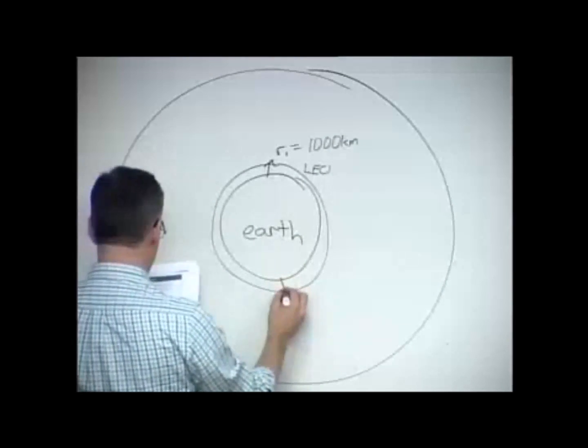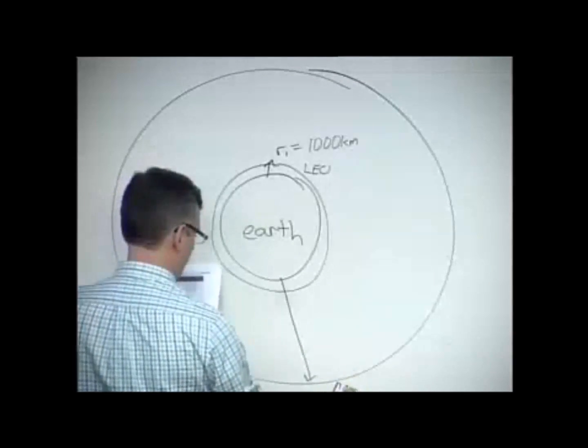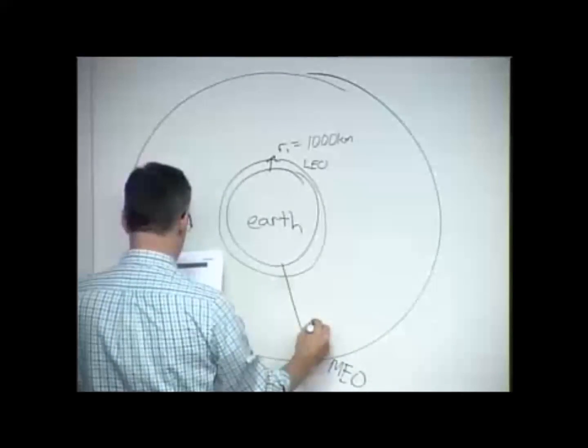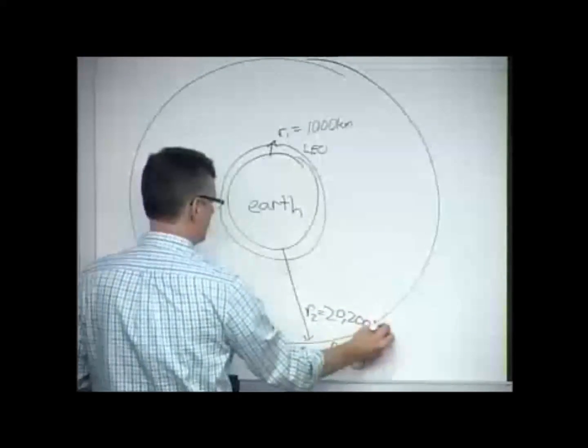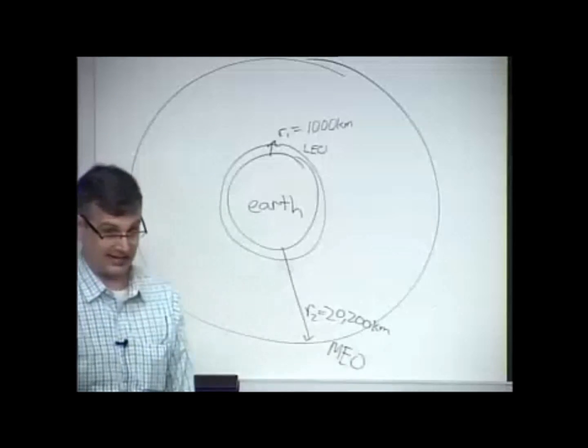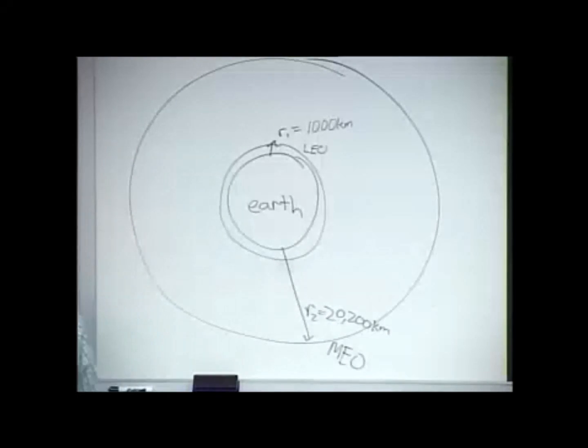And we want to wind up in a medium Earth orbit of R2 of about 20,200 kilometers, which coincidentally, or not so coincidentally, since the instructor engineered the problem, is the altitude of a GPS satellite.